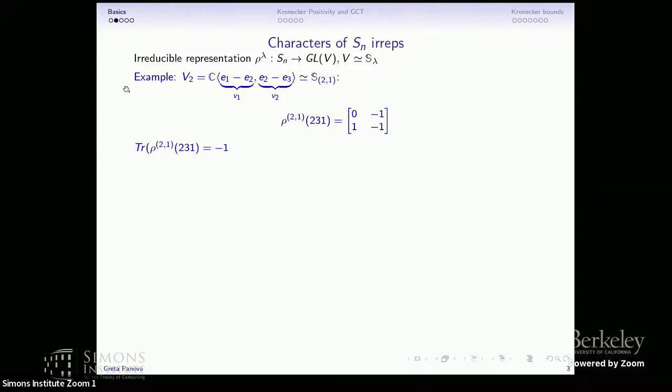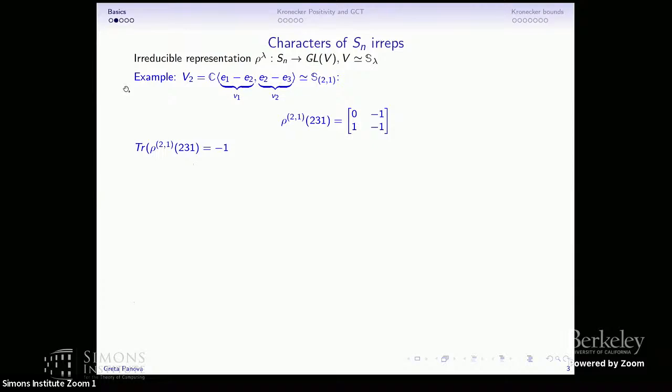Okay. A little bit more background before I can define the main players. The more background is the characters of the S_n irreducible representations. If we take our matrix for each particular element, we can take the trace.